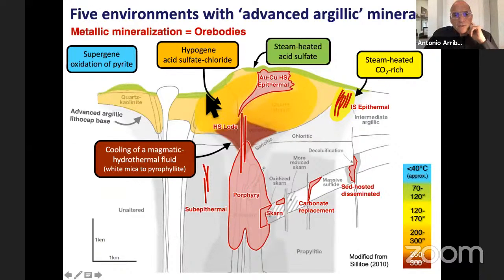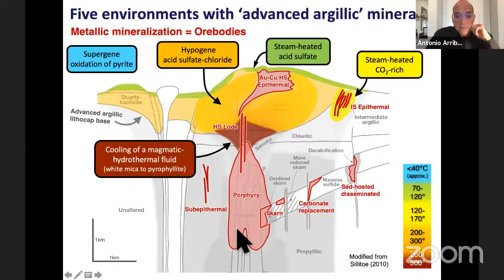If we have this hypogene acid sulfate chloride alteration, it's very possible to have also alteration at the surface, steam heated. It's not just possible, it's very likely.